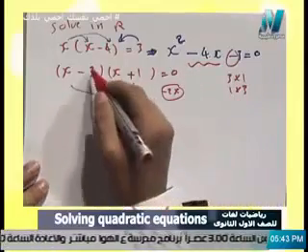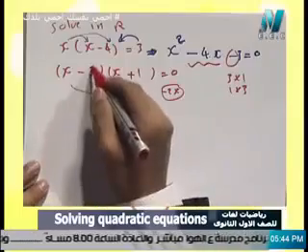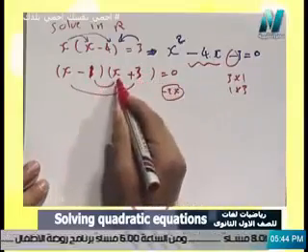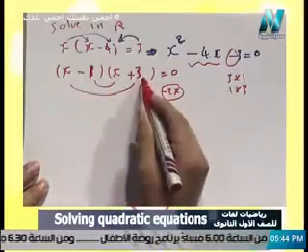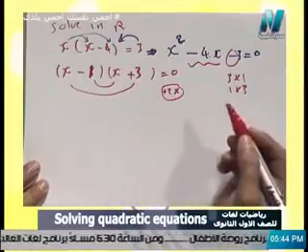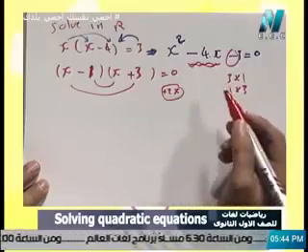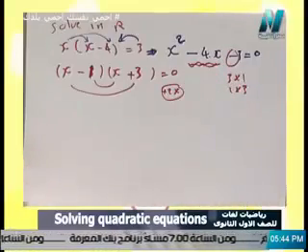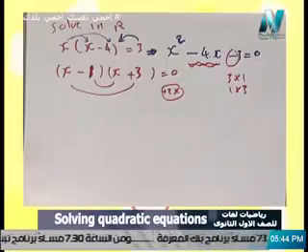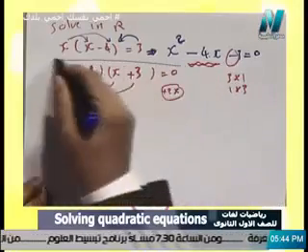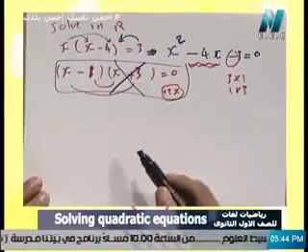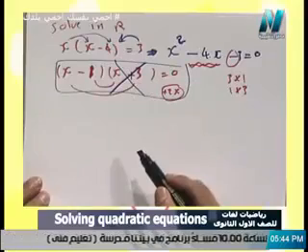And if we exchange 1 and 3, negative 1x plus 3x here will be positive 2x, and it is not the middle term. So we know now that using factorization is false, or we cannot use factorization.